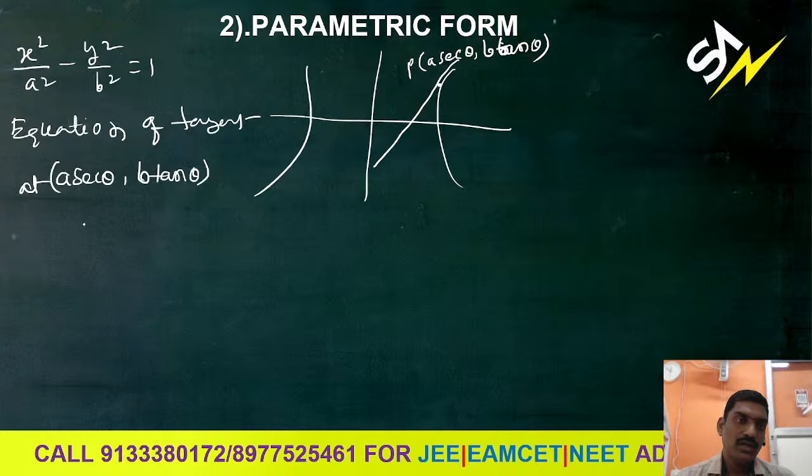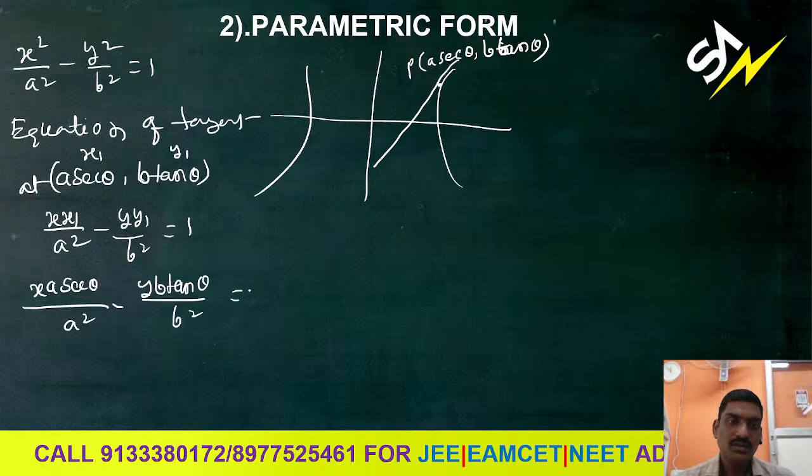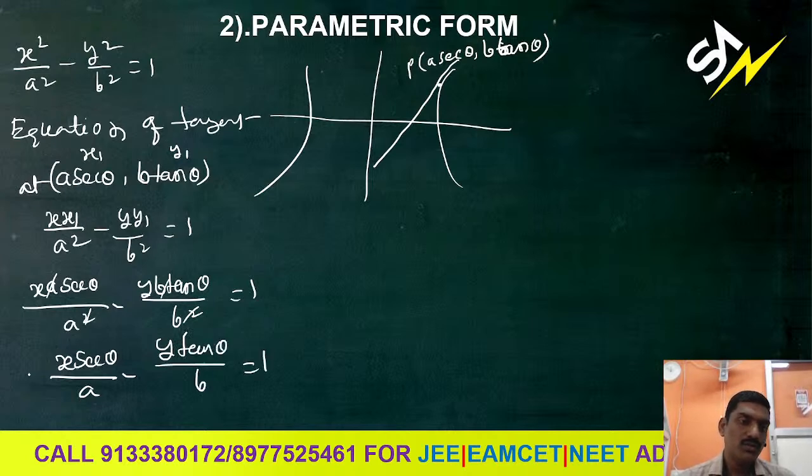So what is it, x x1 by a square minus y y1 by b square is equal to 1, where x1 is a secant theta, y1 is b tan theta. x times a secant theta divided by a square minus y times b tan theta divided by b square, which is equal to 1. So here one of the a has cancelled, one of the b has cancelled. We are getting x secant theta divided by a minus y tan theta divided by b is equal to 1. This is the equation of tangent in parametric form.